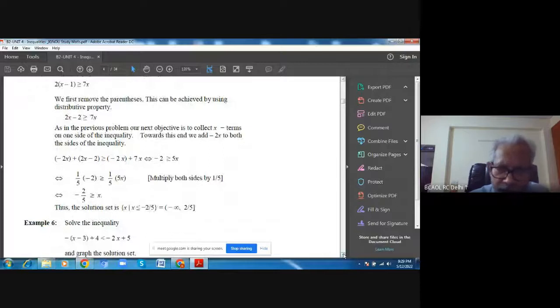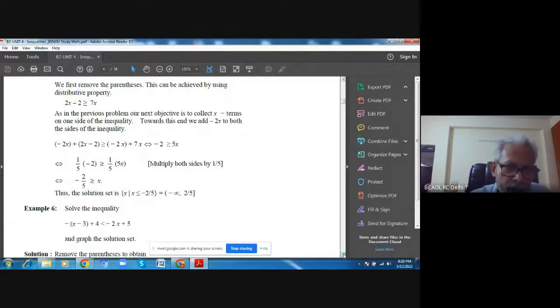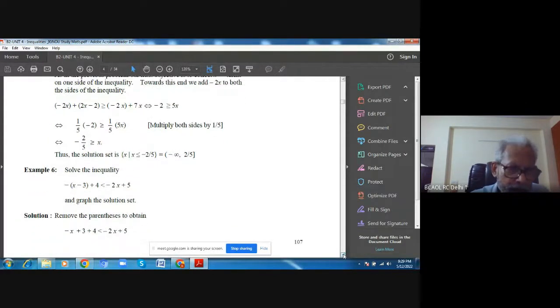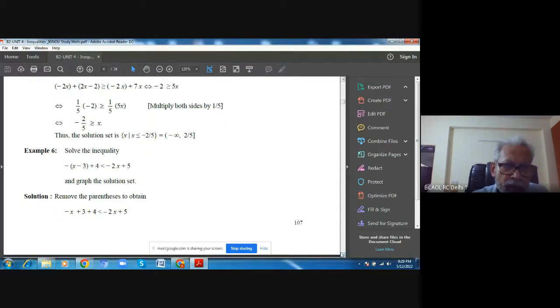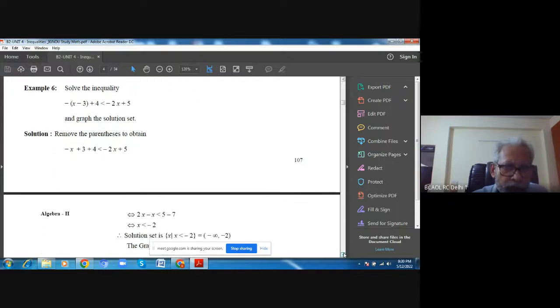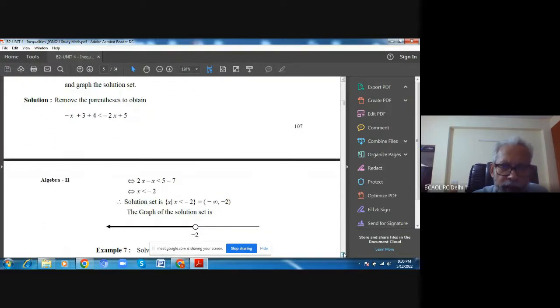This type of thing comes in the exam basically. So nothing to worry about. Simply find the x value, see the direction and plot it. The graph of the solution set is given, no problem. So straight away you see.